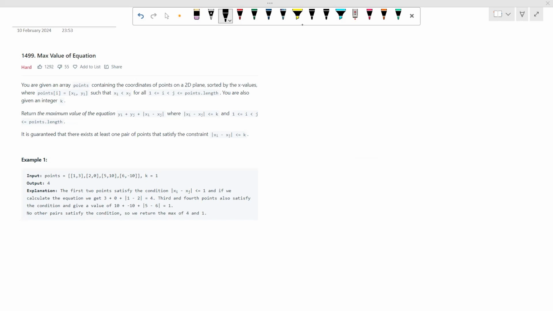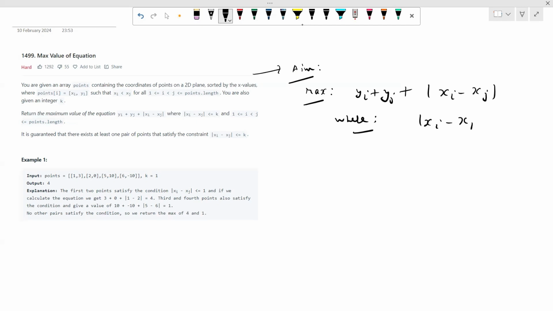So what is our main aim? From the problem statement, we can understand our main aim is to maximize yi plus yj plus absolute difference of xi and xj, right? This is our main aim, where absolute difference of xi and xj should be less than equal to k.